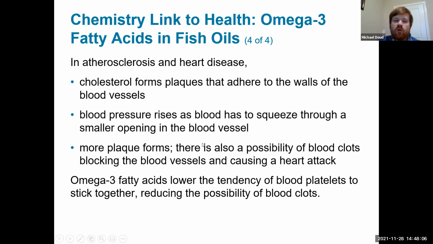Then more plaque is going to form because of higher cholesterol. So there are blood clots that block blood vessels, and that can cause a heart attack. Omega-3 fatty acids lower the tendency of these blood platelets to stick together, and that reduces the possibility of these blood clots. So it can be really helpful in heart disease.